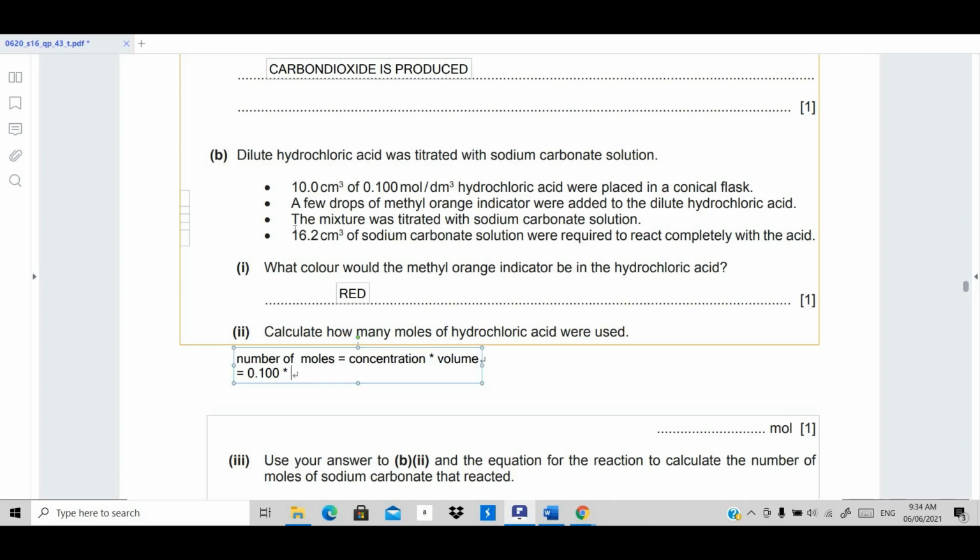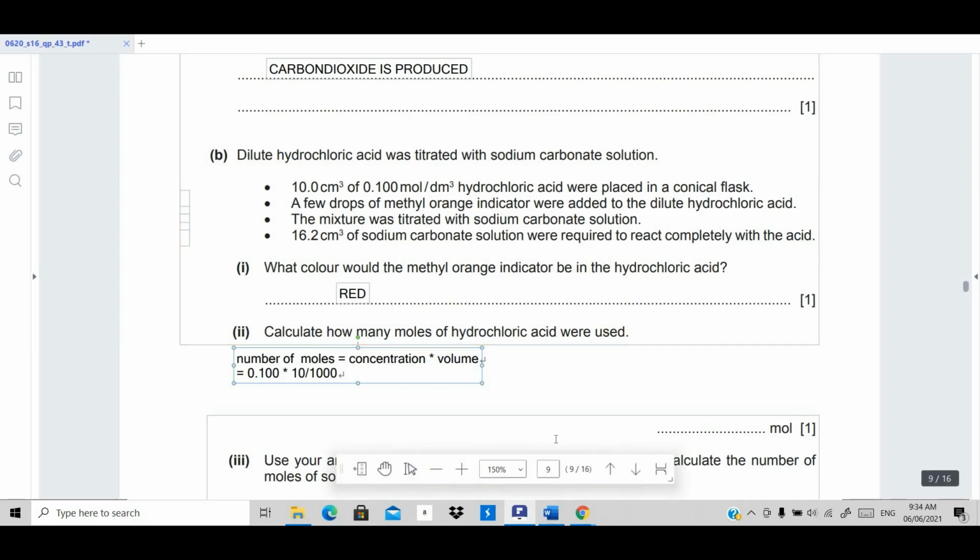How will we change the units? I'll convert the 10 centimeter cubed into decimeter cubed. I'll just write 10 and divide by 1000, because there is a difference of 1000 between centimeter cubed and decimeter cubed.